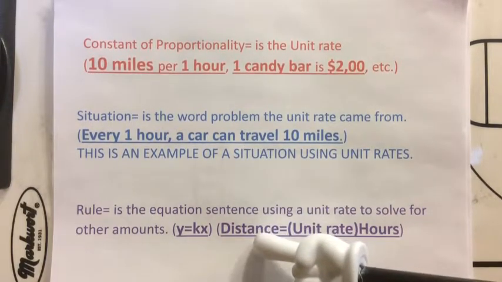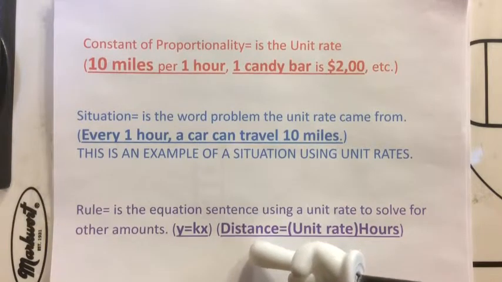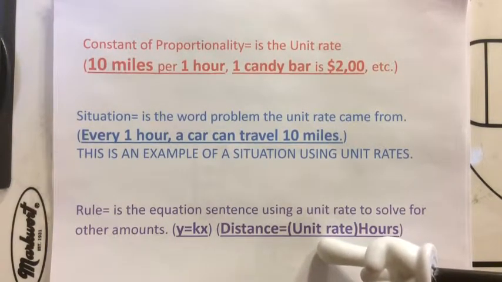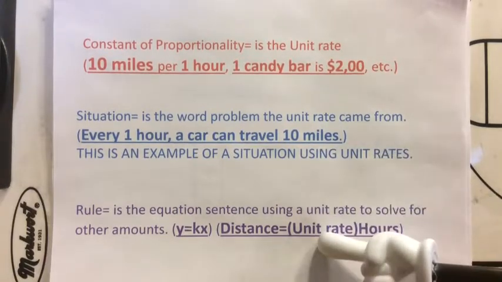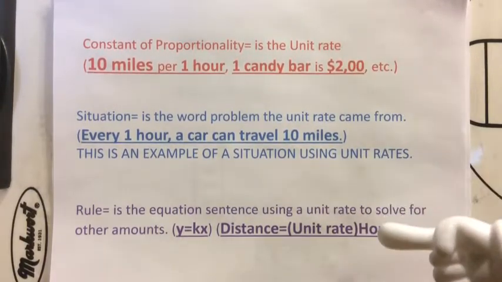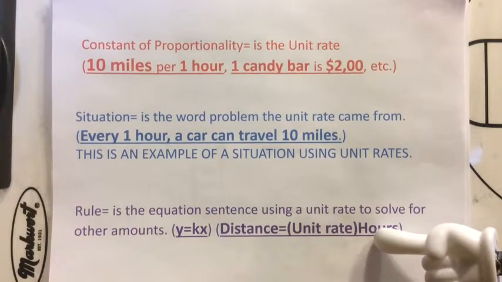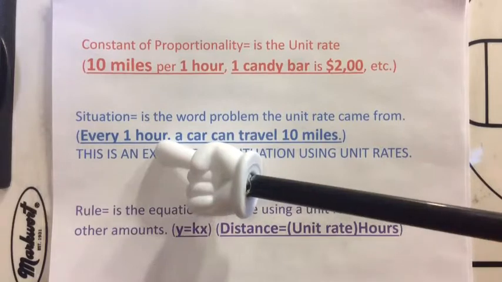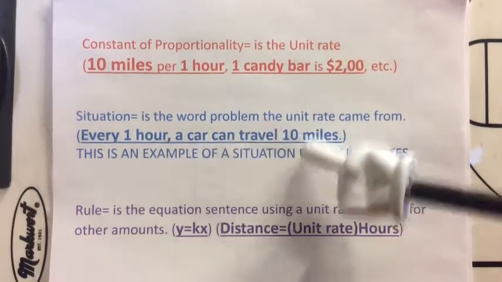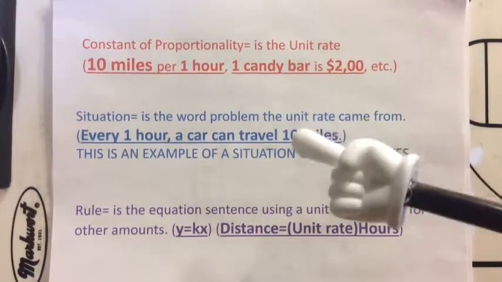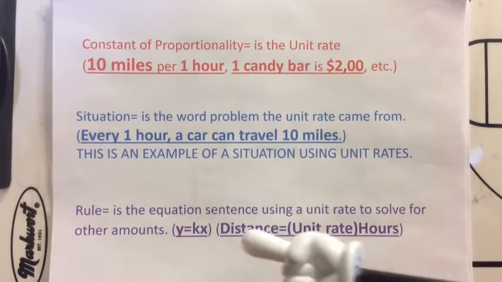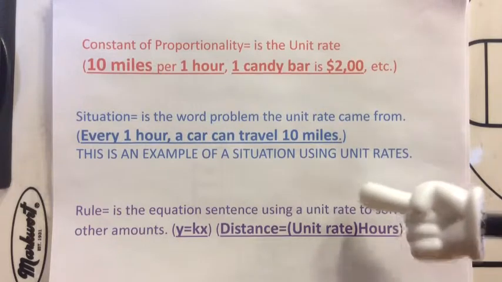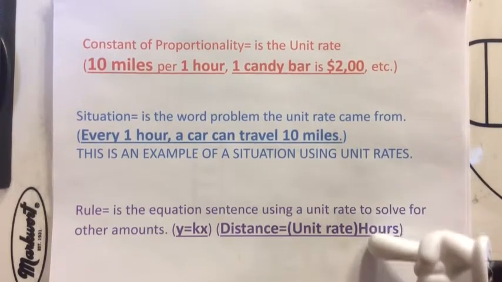I decided to use a little bit from the car problems from before. I had the distance is what you're trying to figure out, and take a look right here where it says unit rate. That's where your 10 miles would go. And then depending how long you travel, you put hours. So if you're figuring out a word problem, like every 1 hour, a car can travel 10 miles, you're going to write an equation. So you would have your unit rate, which would be 10 miles, and any number of hours you decide to travel.